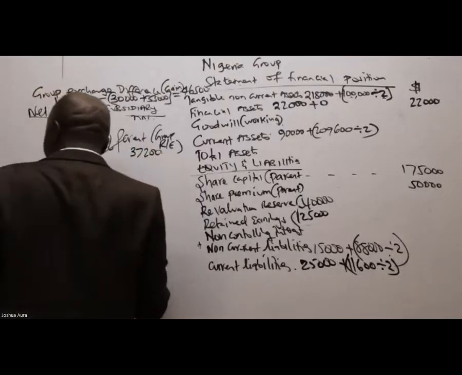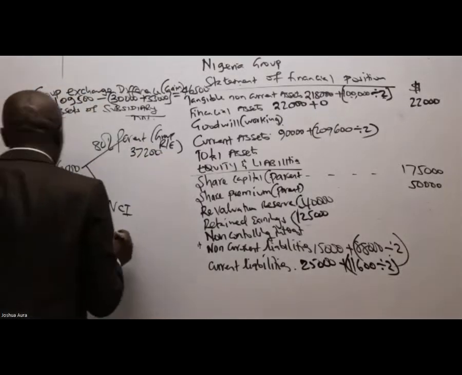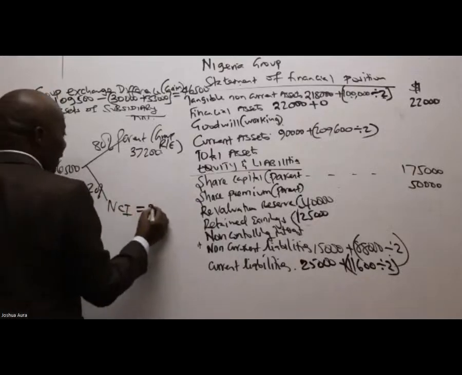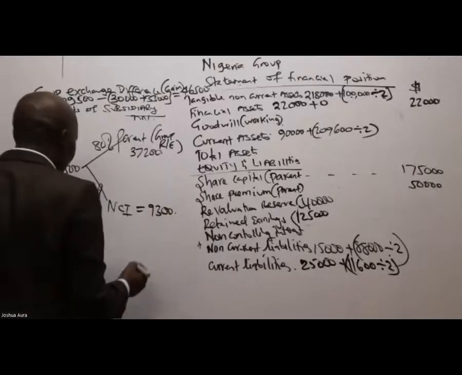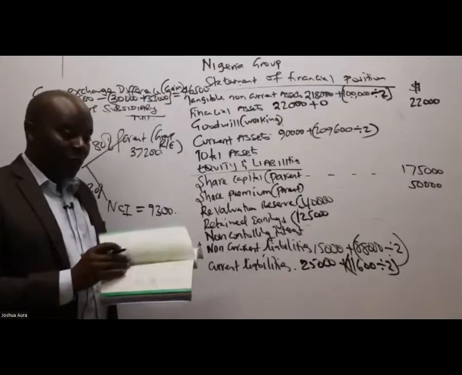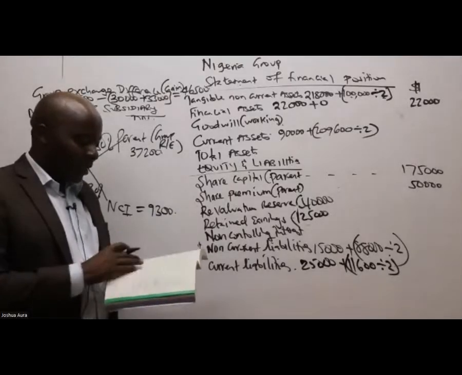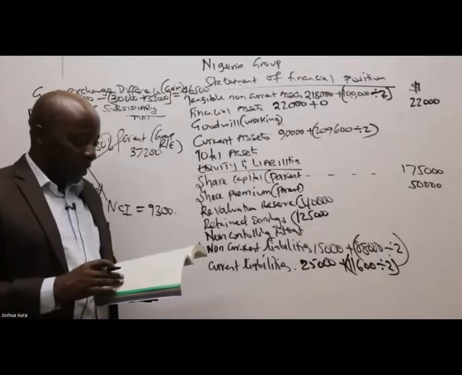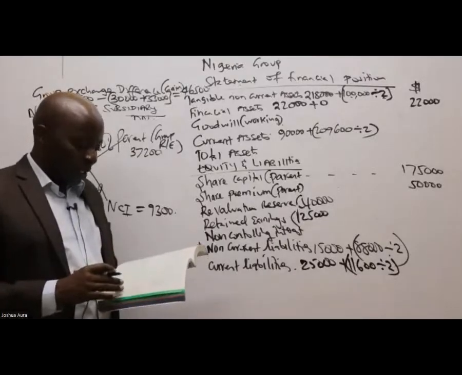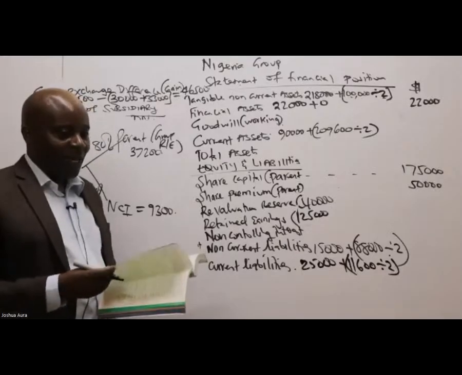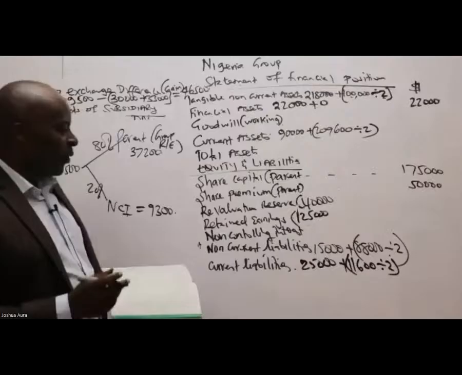And then we have NCI, which is 20% of this. NCI, I'm being told, is 9,300.